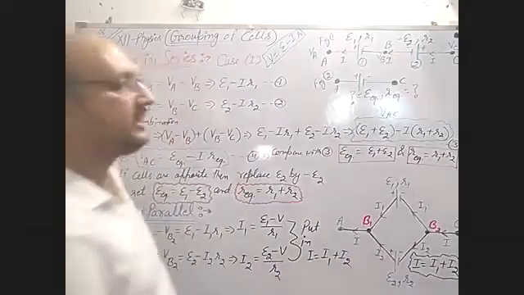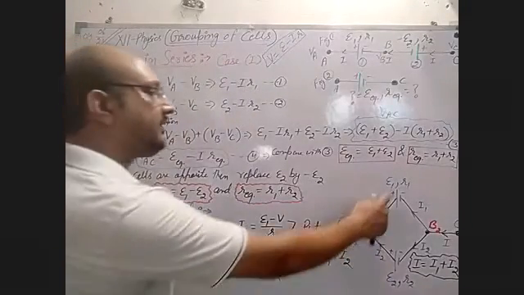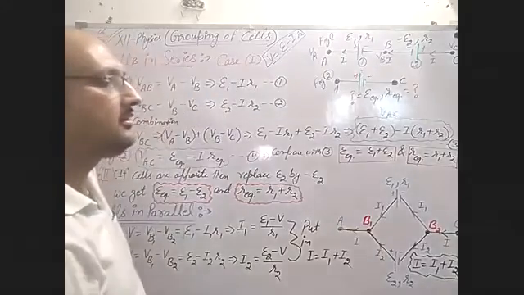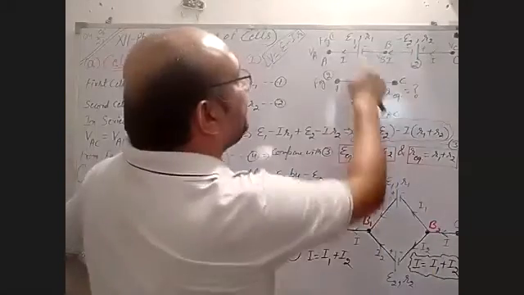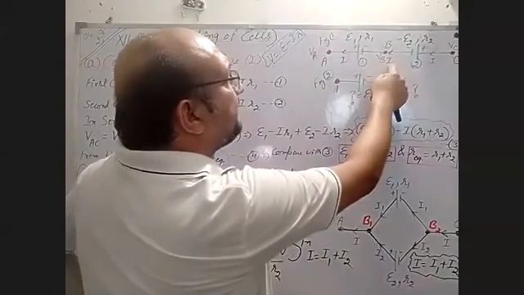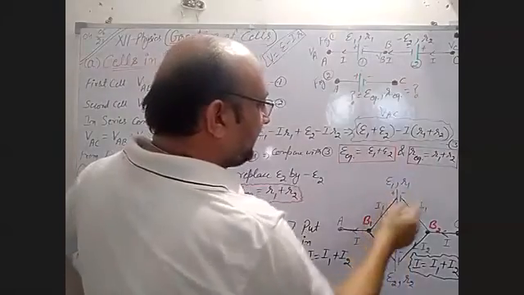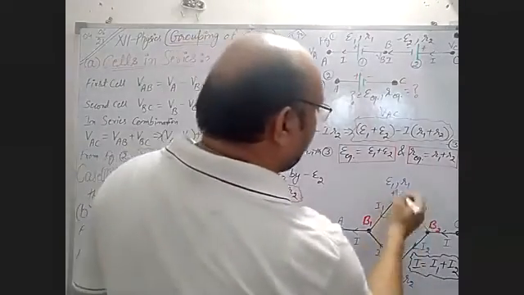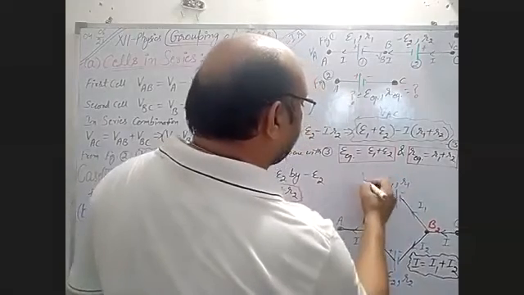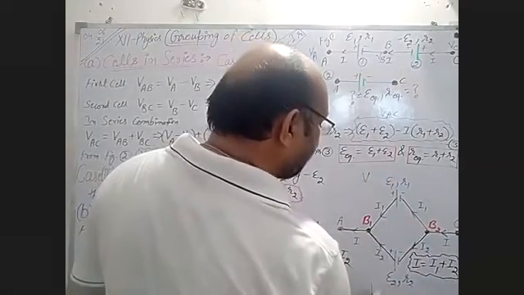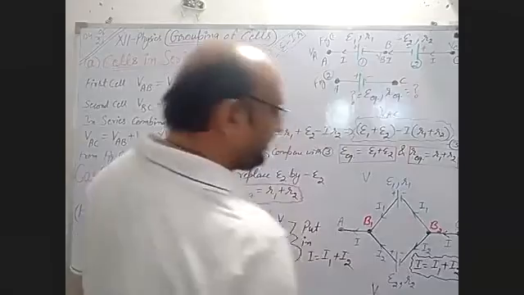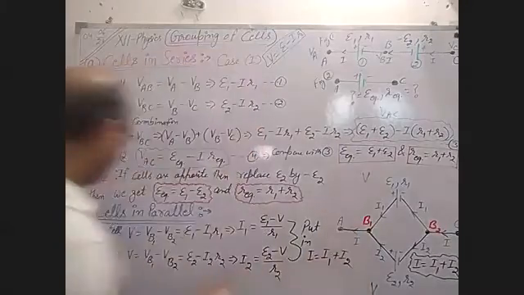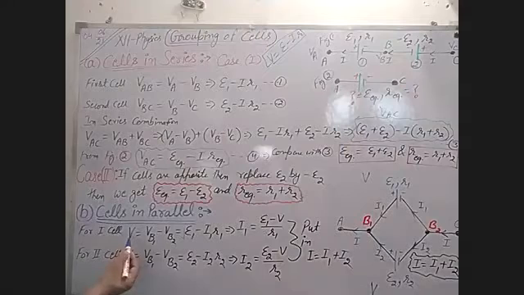In the series case the value of current is different, but in this case the value of current is the same. In parallel, you know the potential difference is always the same.